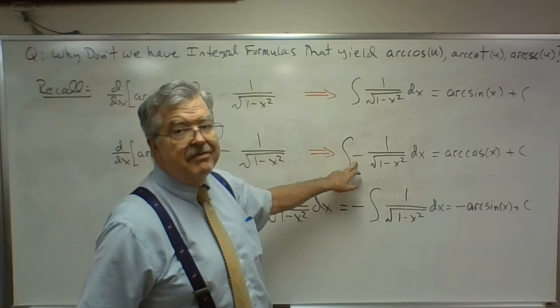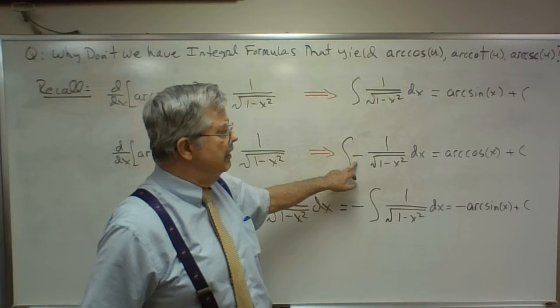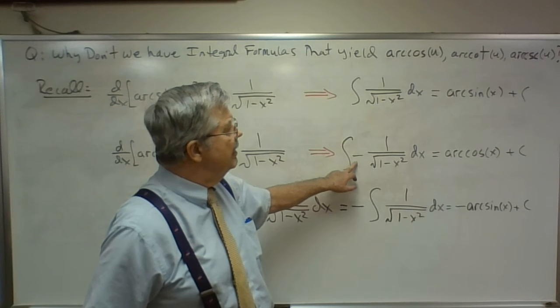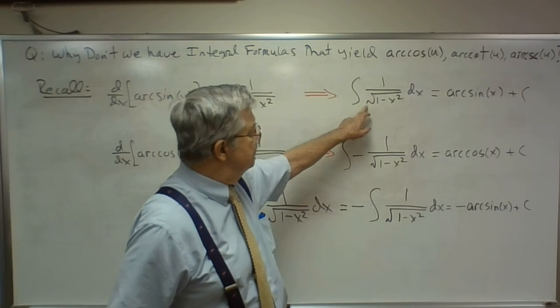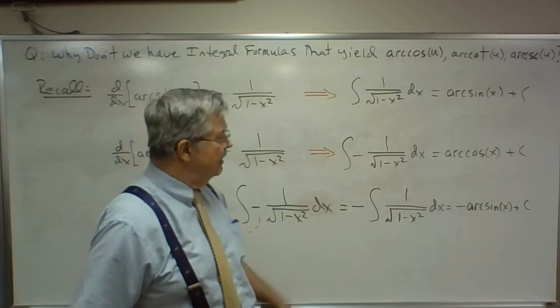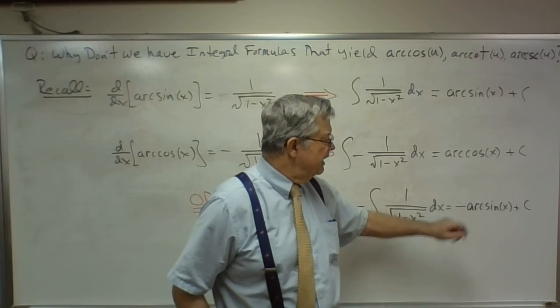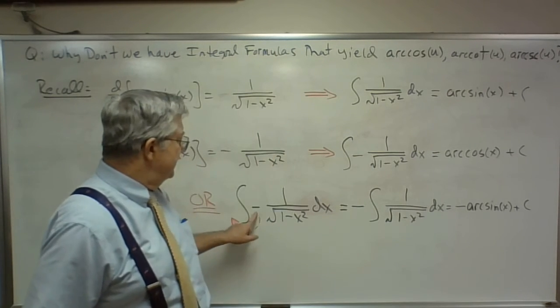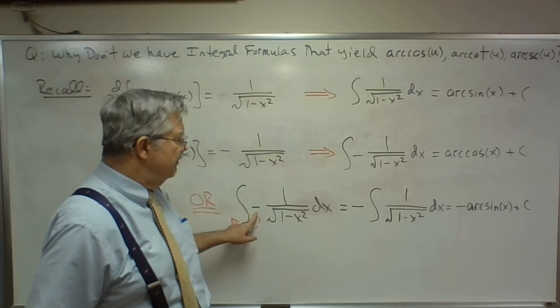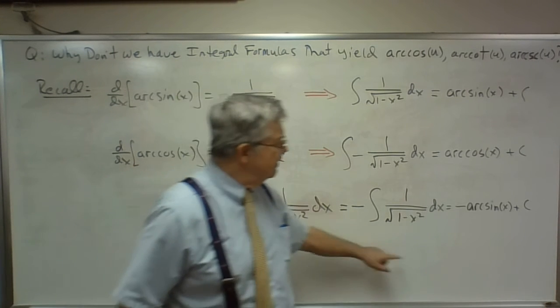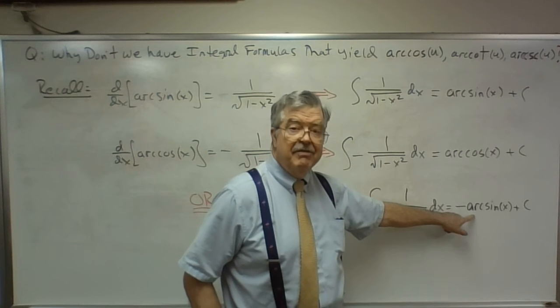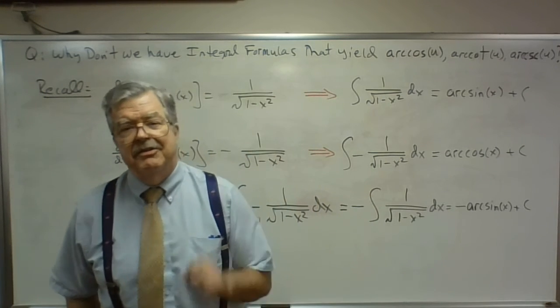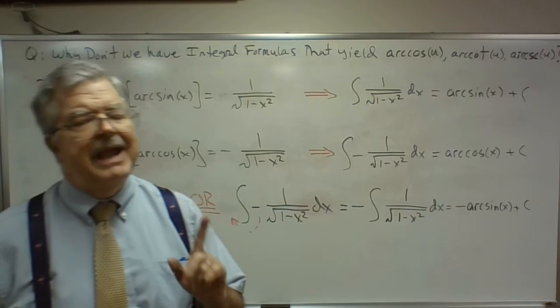So instead of having a separate formula for arc cosine, we just take the formula for arc sine and we get this negative sign out front. If we got a negative sign here as part of the integrand, we just move it out front and we get negative arc sine.